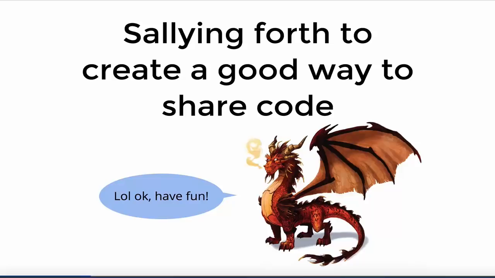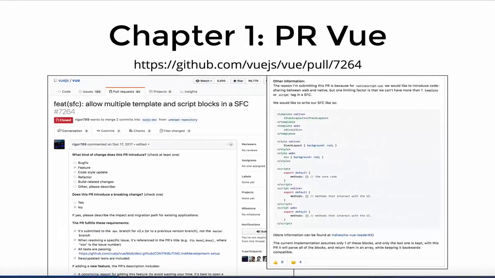There are a couple ways that we're going to go over today, and let's just see how they look. So the first attempt was actually by Igor, and he went ahead and bravely did a PR on the Vue.js repo itself, saying, why don't we take our normal implementation of an SFC and extend it so that we could have blocks within the template and make this part of Vue itself.